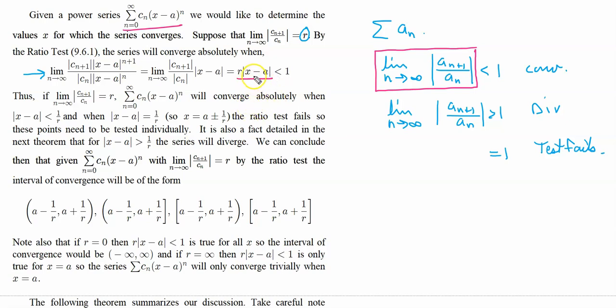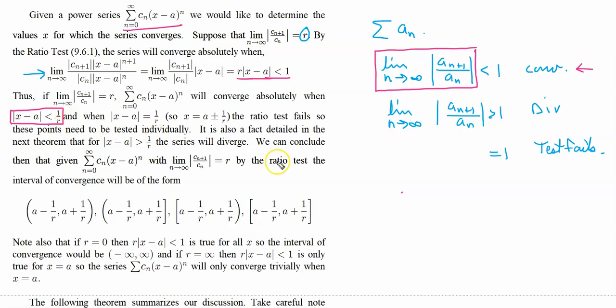All right, so you see from the ratio test then we know that this series will converge absolutely when this quantity is less than 1. You see, that's this part right here. So this series will converge absolutely as long as this condition holds. So in other words, this series will converge absolutely when the absolute value of x minus a is less than 1 over r.